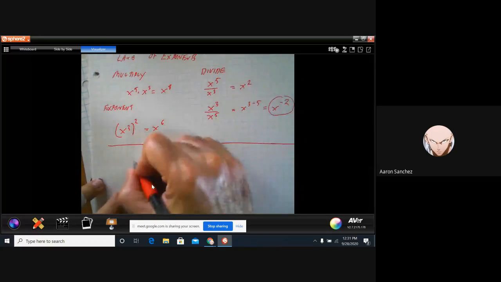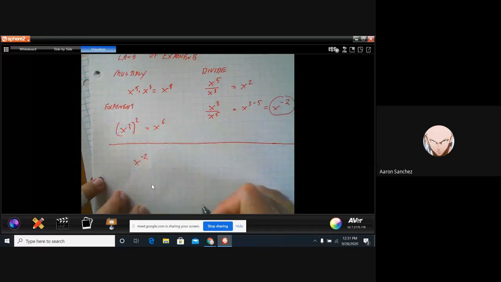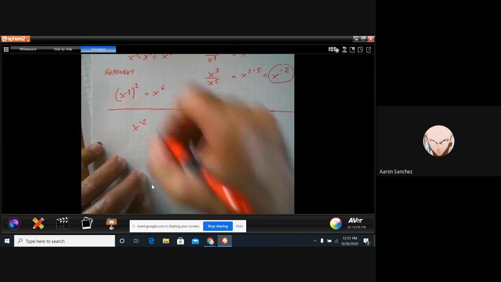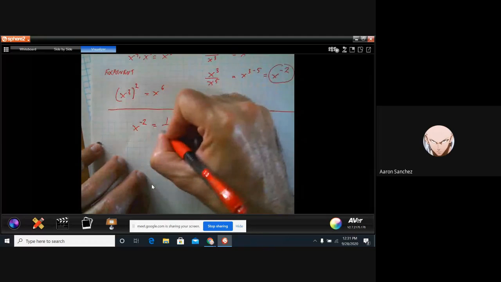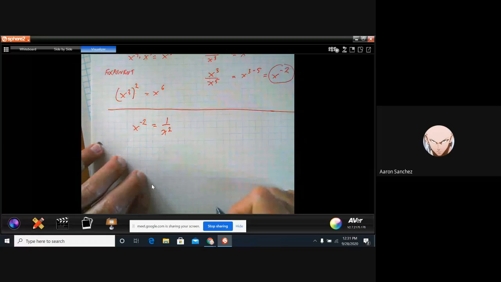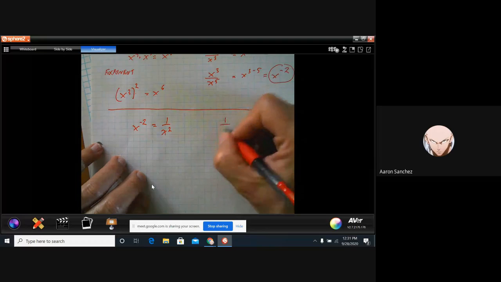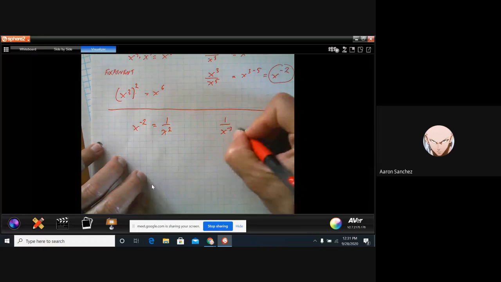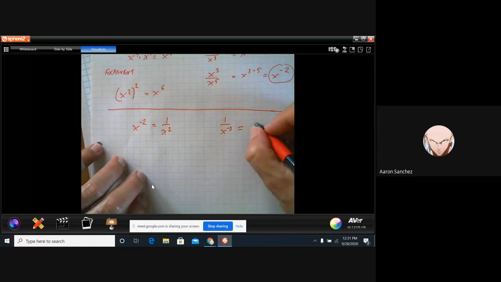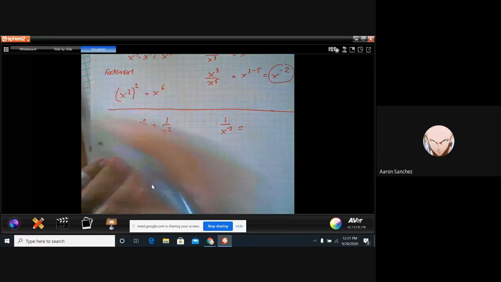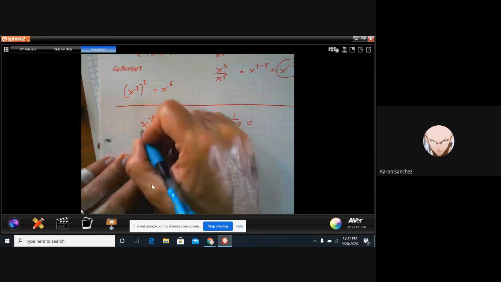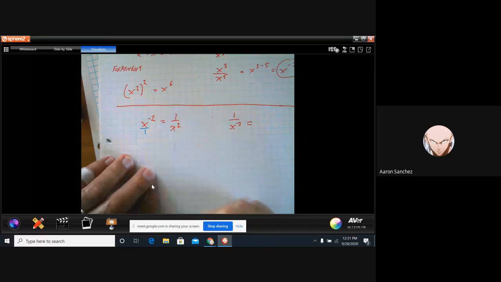Let's go back to x to the negative 2. What that's going to equal is 1 over x to the positive 2. Okay? Anything negative, you write it as a reciprocal. Same thing if I say 1 over x to the negative 3, well, that'll equal, x to the negative 3 is really x to the negative 3 over 1 and just flip it over, right?